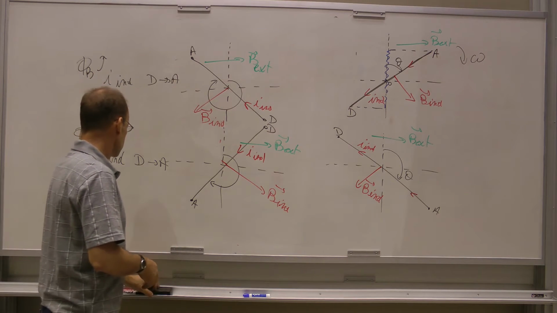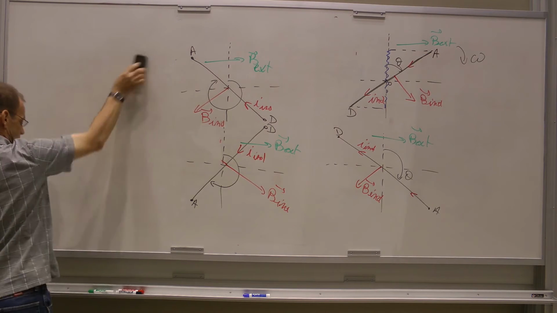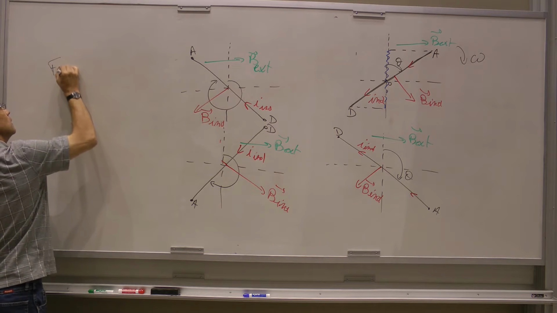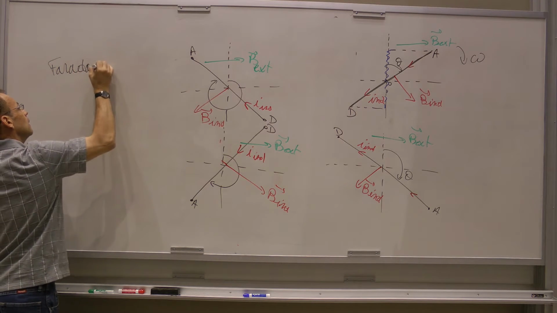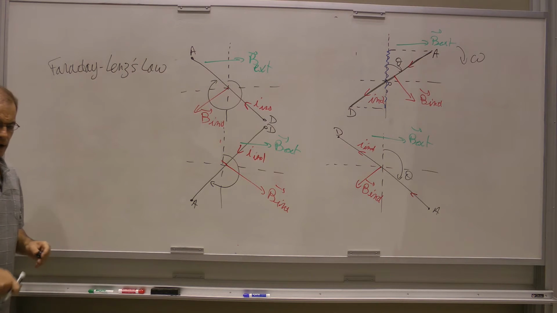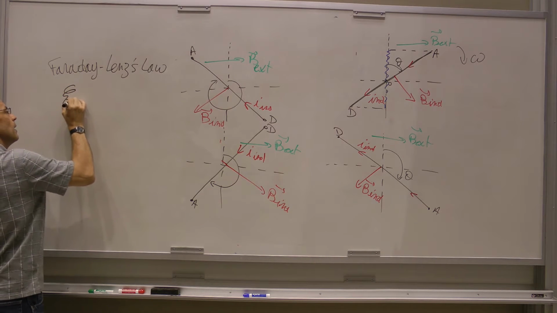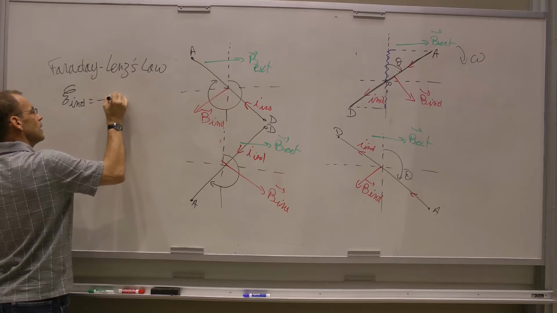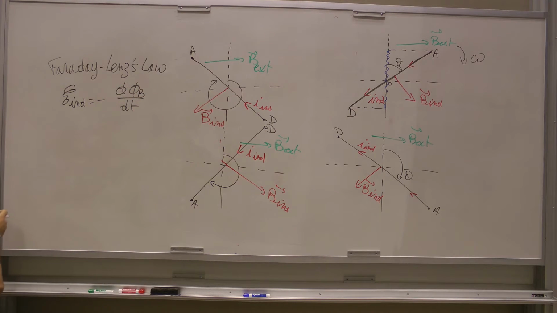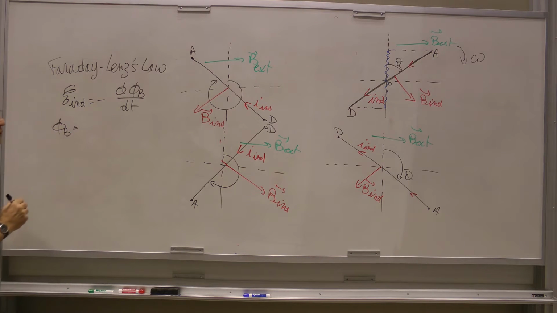So how can we calculate these changes from a quantitative perspective? Well, we simply apply Faraday-Lenz's law, which tells us that the induced EMF is equal to the negative of d phi B over dt. So now we need to figure out what phi B is, the magnetic flux through the loop.